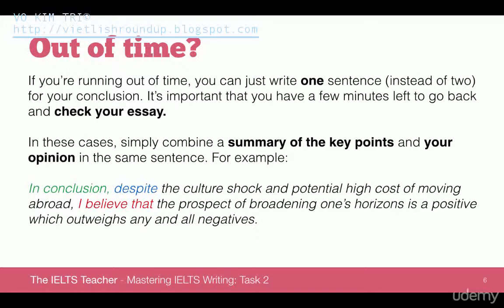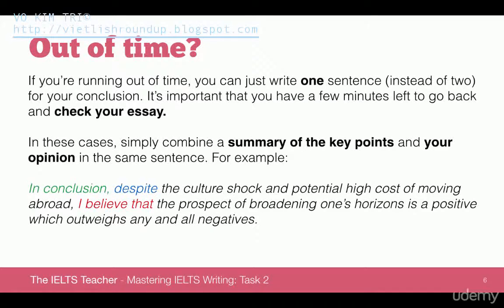Again, we are not just saying pros and cons, we've got what they are: culture shock, high cost, versus broadening one's horizons. But in this case, what we've done is that we've inserted I believe that into the place after the comma, so that we are able to give an opinion while at the same time contrasting the pros and cons and covering all the task requirements.